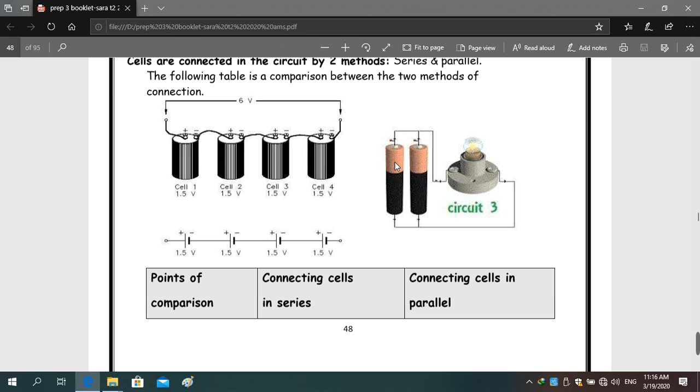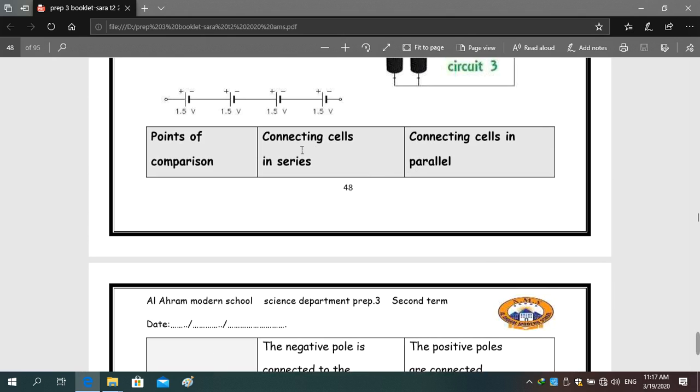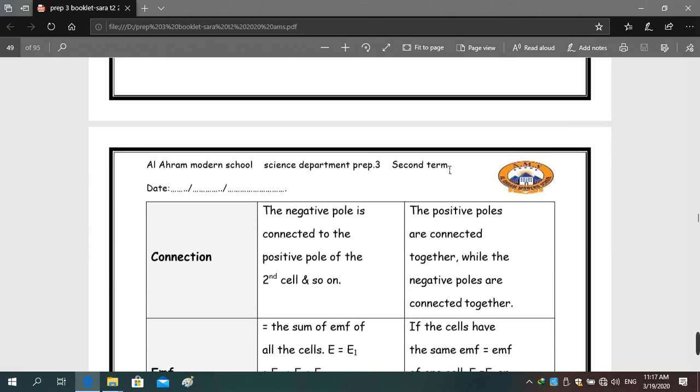If this battery contains 1.5 volt and the other battery contains 1.5 volt, the total EMF of this cell is also 1.5 volt, not a summation. This is the comparison between connecting in series and connecting in parallel.